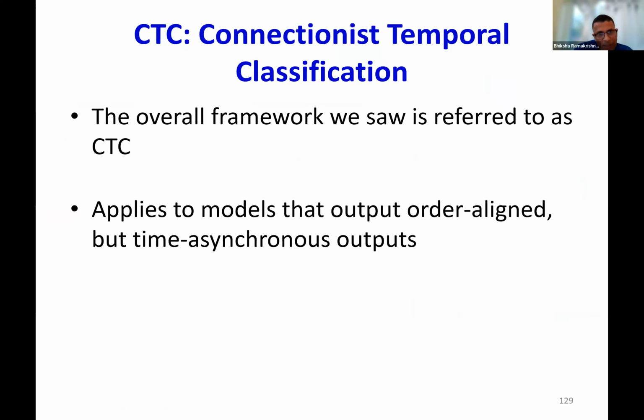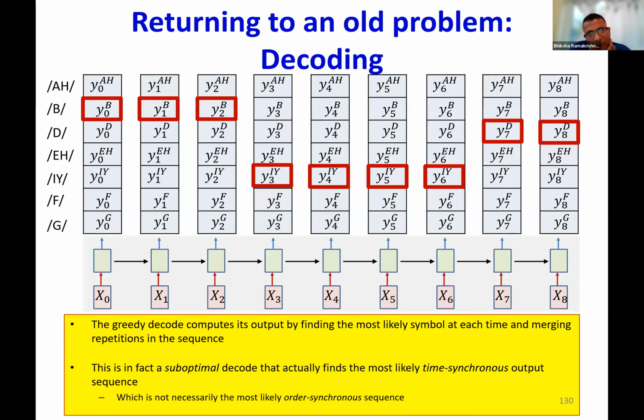All right. And so the overall framework we saw is referred to as Connectionist Temporal Classification, or CTC, which applies to models that perform order aligned but time asynchronous inference, right? Now, there's one final problem, which we briefly alluded to two lectures ago on Monday, and we'll revisit it. And that has to do with inference.